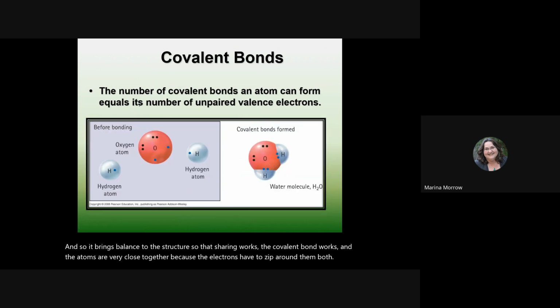Okay, now covalent bonds often occur with hydrogen. Hydrogen has only 1 electron, so it doesn't usually want to give it up all the way, so it often shares it with other atoms. So here we've got an oxygen. Oxygen, if you look at your periodic table, is number 8. So it's got 2 electrons in its inner shell, and then it has 6 electrons in the outer shell. So it needs 2 more, right? It's got empty spaces.